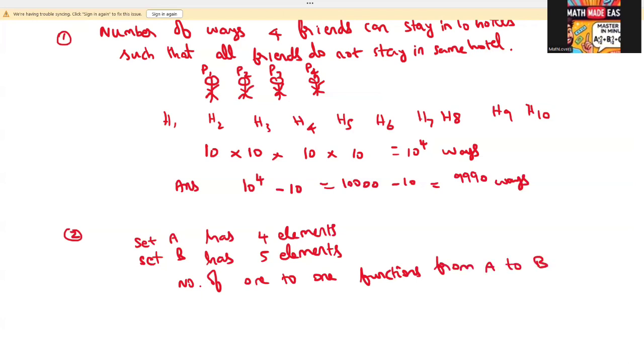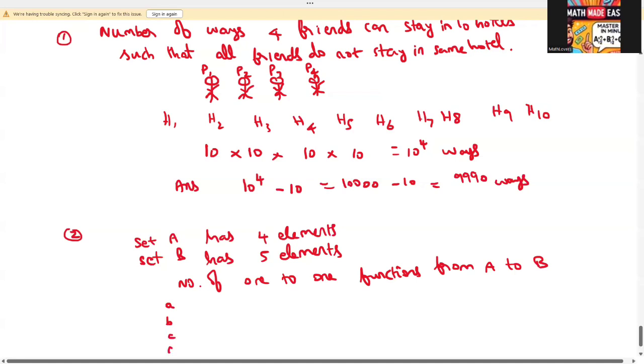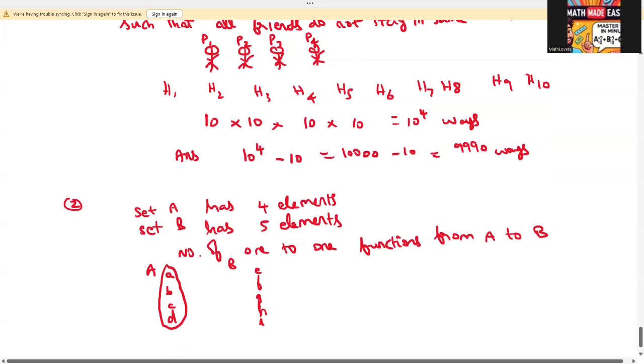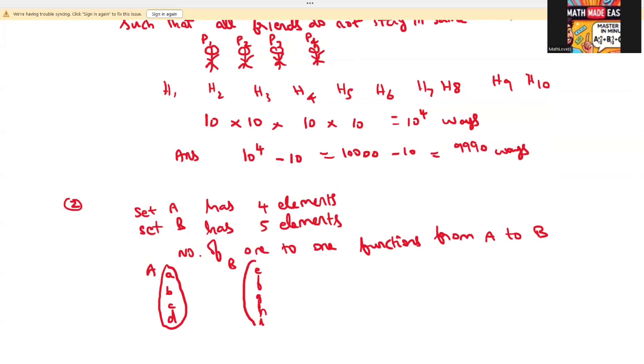So what is this one-to-one function? That means for every input, there is a unique output. Let's say the elements in set A are A, B, C, and D. And there are some elements in set B, say E, F, G, H, and I. As they had mentioned, there are five elements, so I have taken five elements in set B. This one-to-one function means now I have to map A to any one of these five.